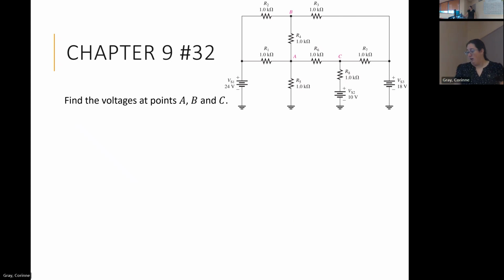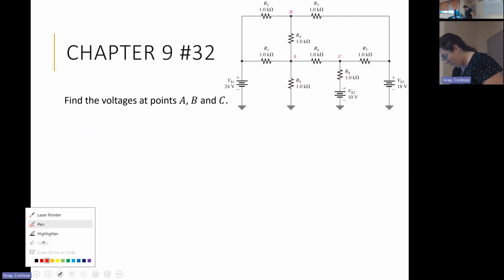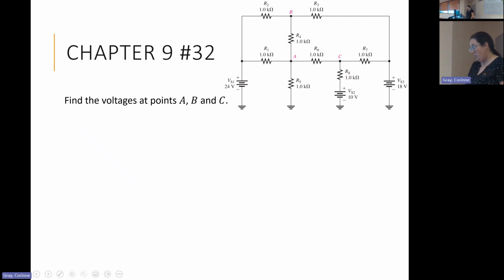The best guess is probably the current through R8, since that is directly after a battery. We'll say that one is pointing upwards. For naming purposes, let's have the current match the subscript of our resistor.